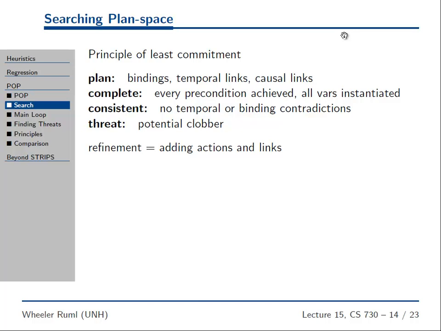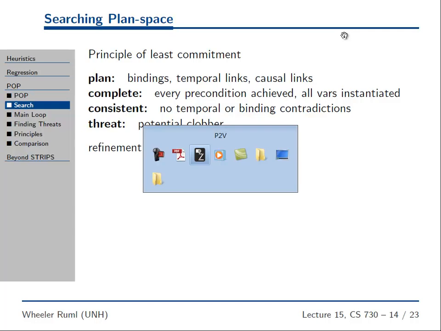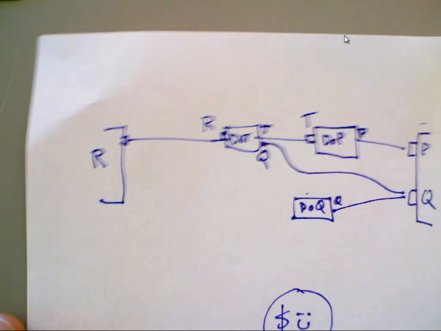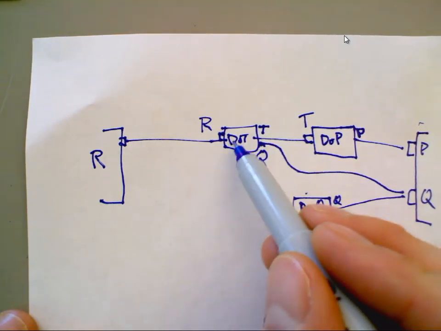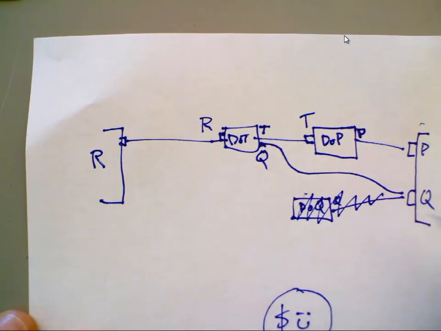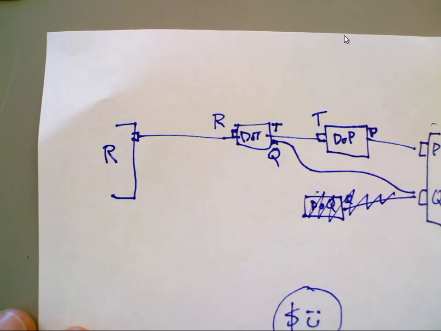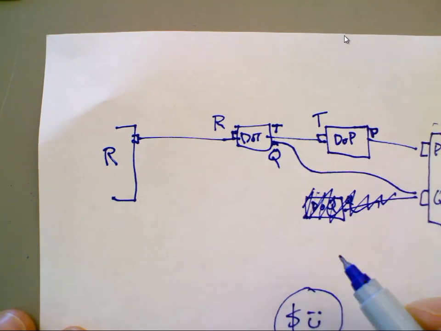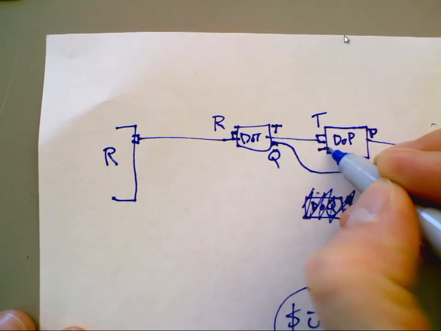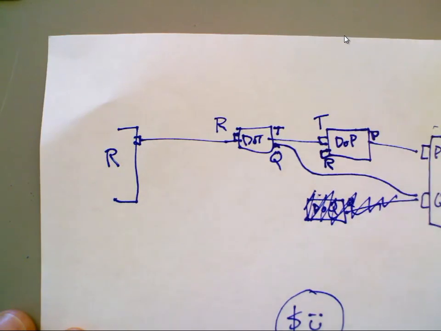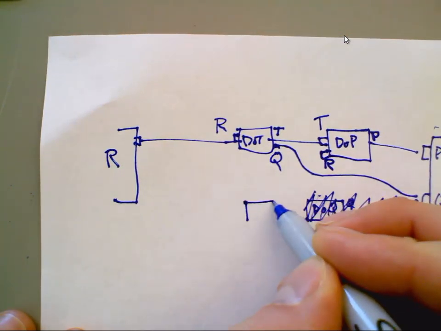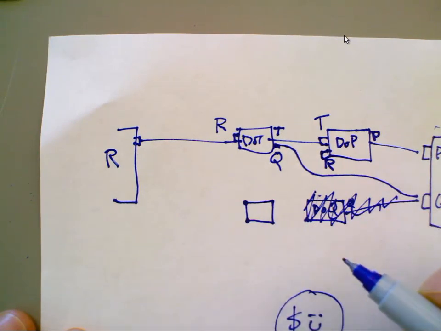Now, let me talk for a second about threats. Let's say that I decide to achieve Q by do T. So that action isn't in the plan anymore, or didn't get inserted in the plan. Now let's say that there's something else I need to achieve, like maybe I need R over here.